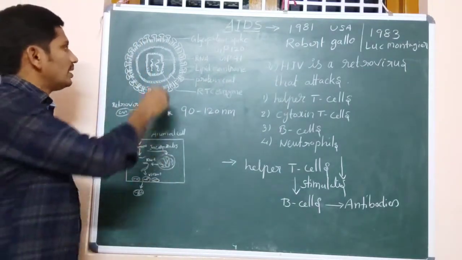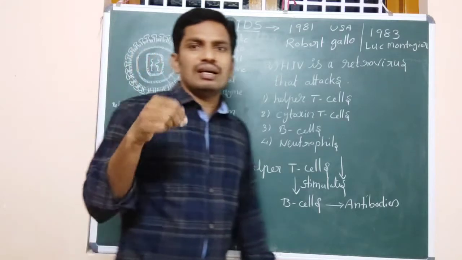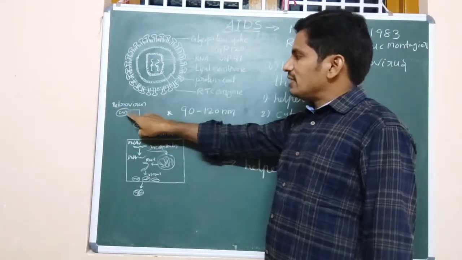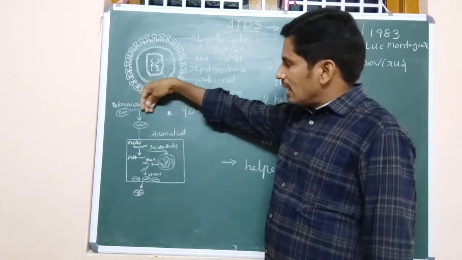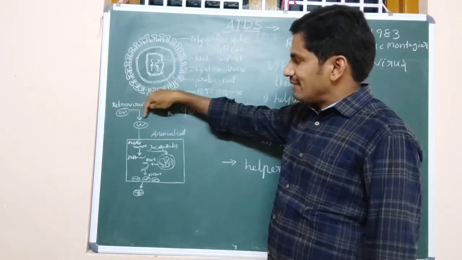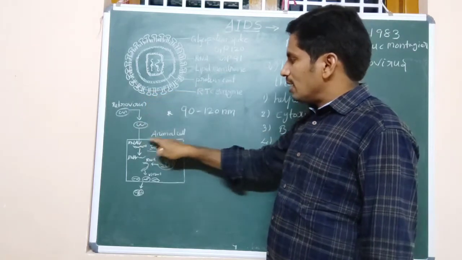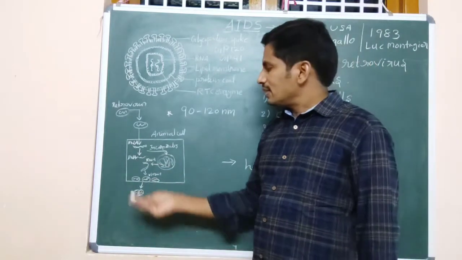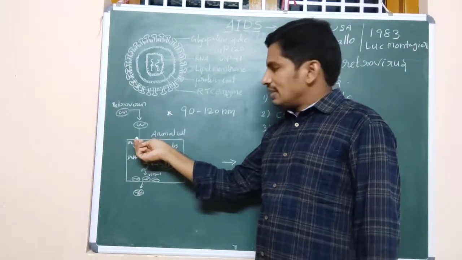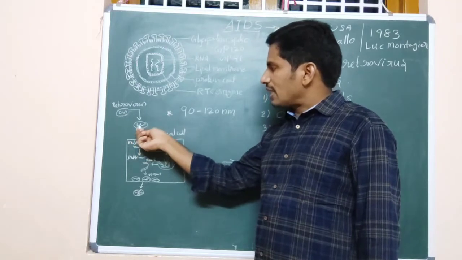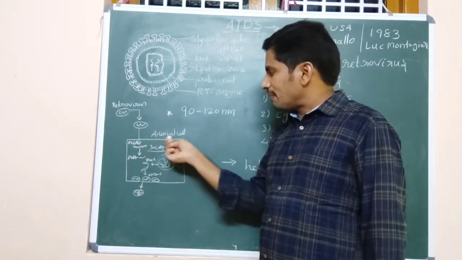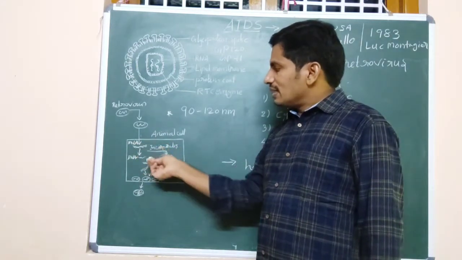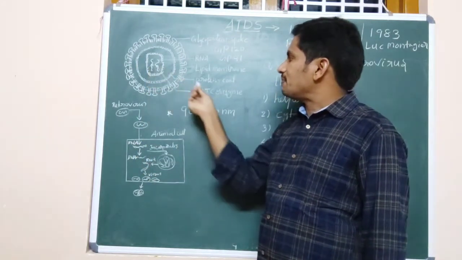So when the HIV virus, a retrovirus having RNA, enters the body through different means of contact, the RNA from the protein coat enters into the human cell. This is the macrophage. When it enters, it already has the reverse transcriptase enzyme.